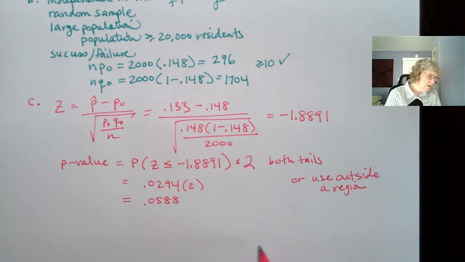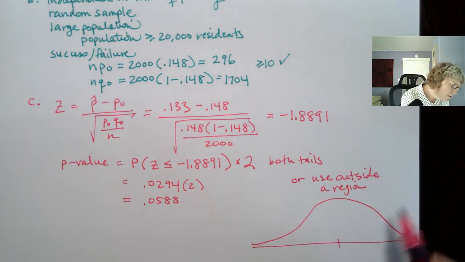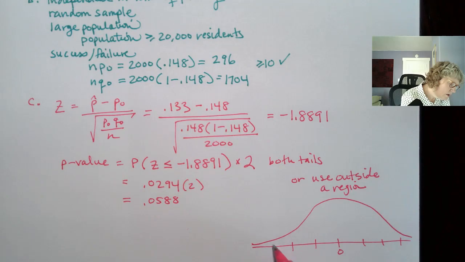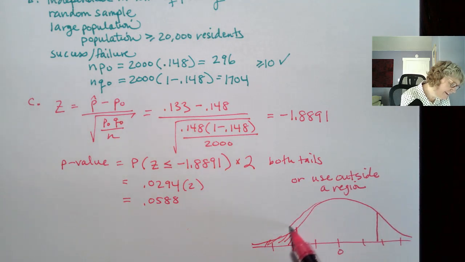Okay, and I'll draw a little sketch here. 0 in the middle, 1, 2, 3, 1, 2, 3. And this was just under 2 standard deviations away. So my drawing is not very symmetric.